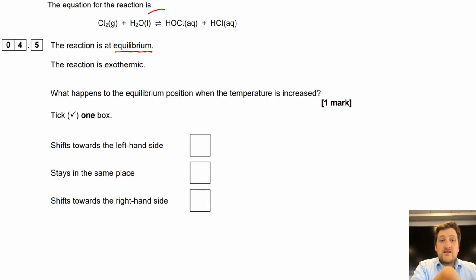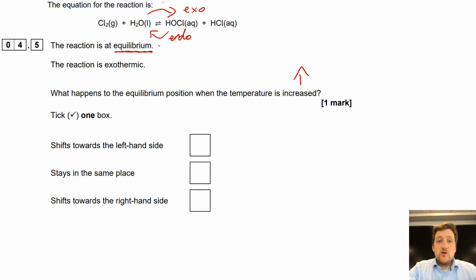And it says the reaction is exothermic. What that means is the forwards reaction is exothermic. Immediately when you get a question like this, if it tells you the reaction is exothermic, you can put this straight onto your equation to remind yourself for the question itself. What happens to the equilibrium position when the temperature is increased? So increased means temperature is going to go up. Now which one of these arrows, the top arrow or the bottom arrow, is going to decrease the temperature?